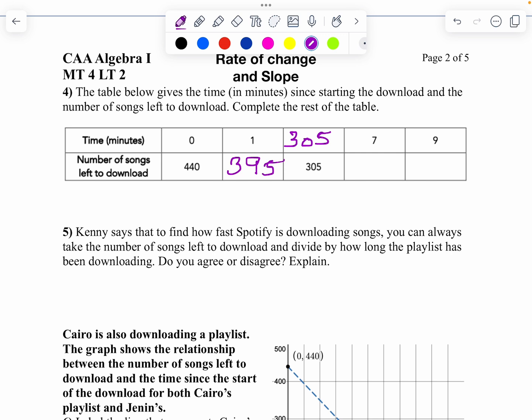Now, let's find out how many songs she has left after 7 minutes. We're going to have to do a little bit of work on this one. First off, we're going to take 7 times 45. That'll say how many songs she's got downloaded.